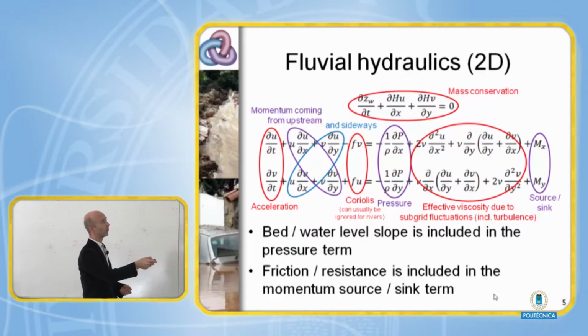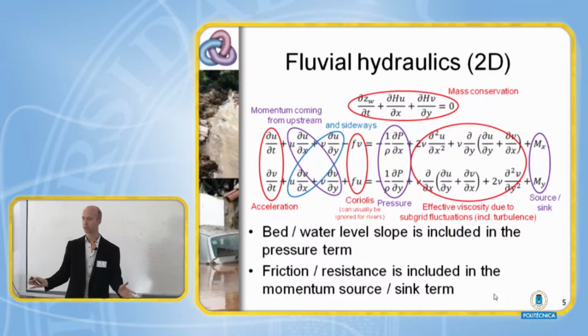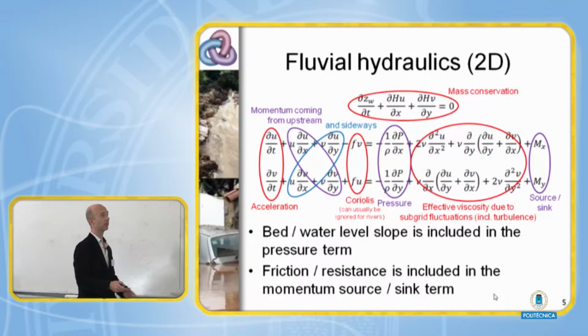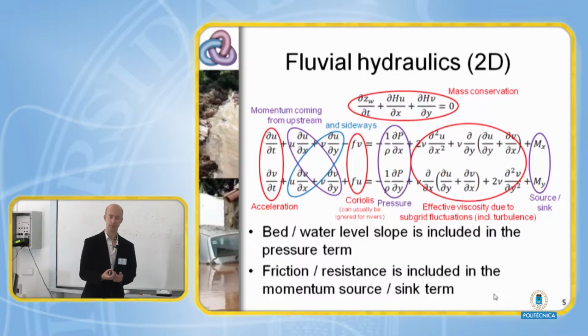For all terms here, from acceleration until the pressure term, there are no calibration parameters, so they are known and given. So the biggest calibration parameters are the viscosity and the bed friction, besides making sure that you know your geometry.